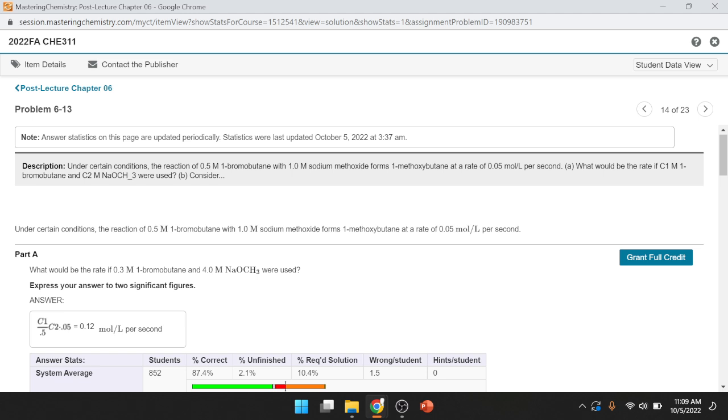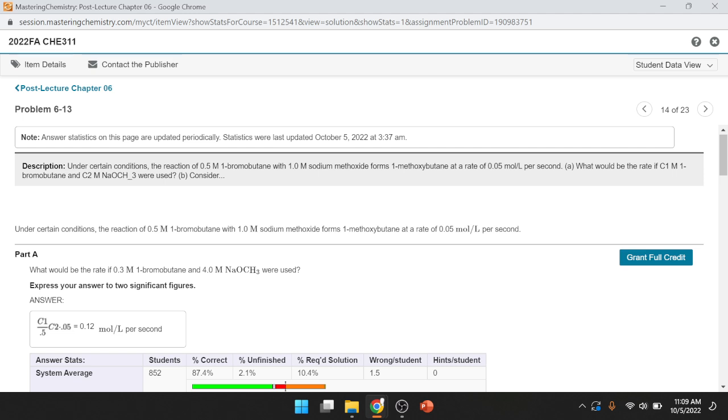Did I get that upside down? I did, didn't I? Rate divided by the concentrations. If you write it out, you'll quickly see why I said that. So rate equals K times the concentrations, right? You divide the concentrations over.